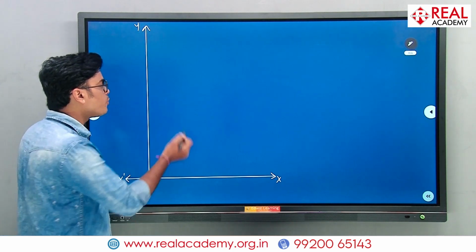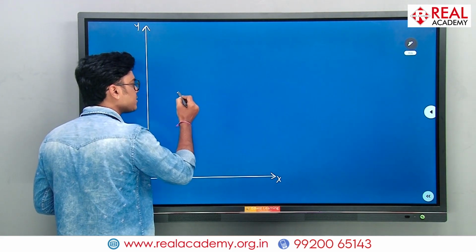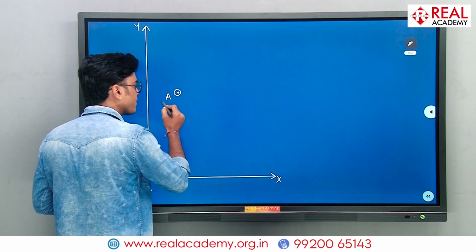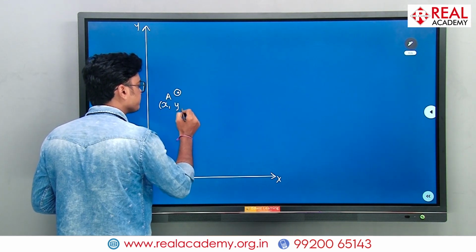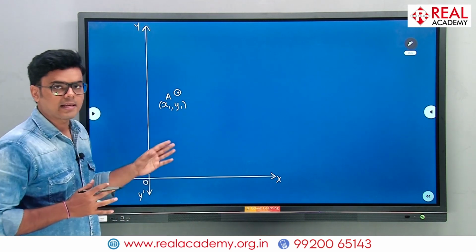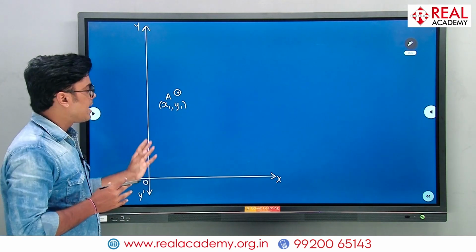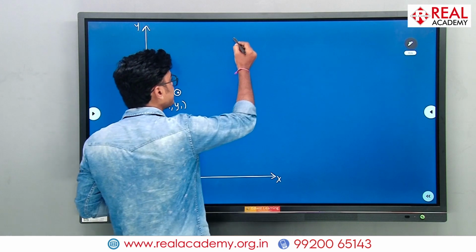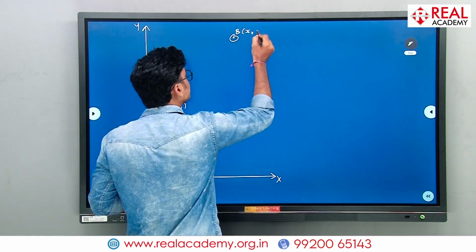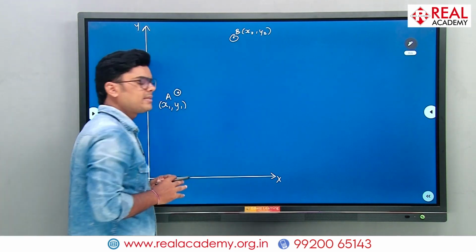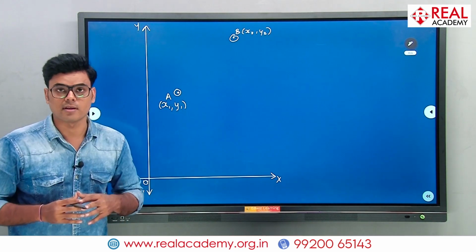So if I have 2 points on the coordinate axis, point A, suppose x1, y1, and some other point, let's say over here, point B, x2, y2. We don't know the coordinates, I've just assumed 2 points on the coordinate axis.